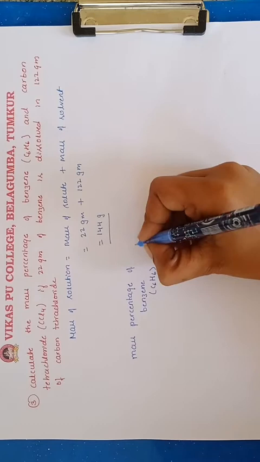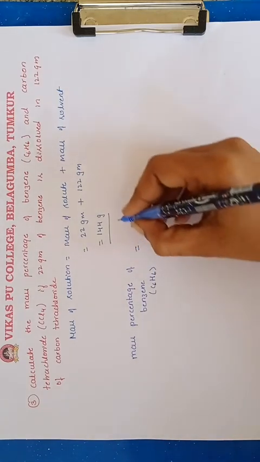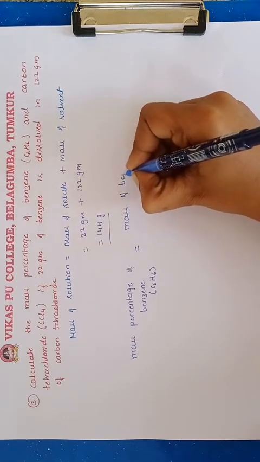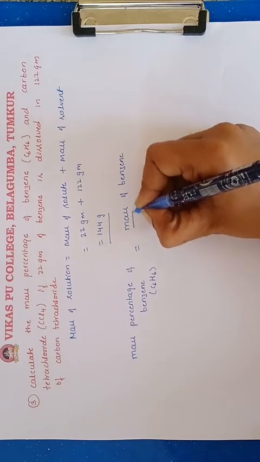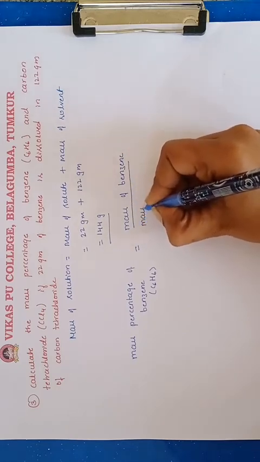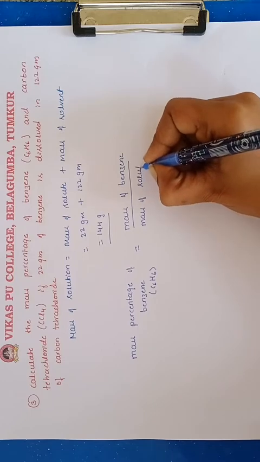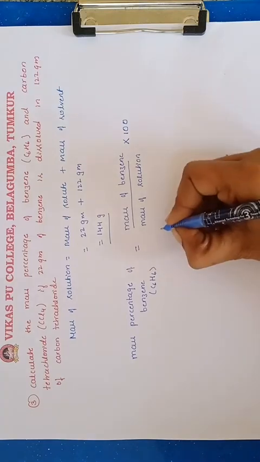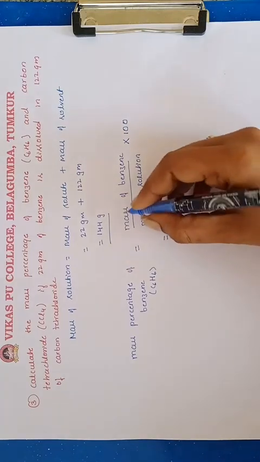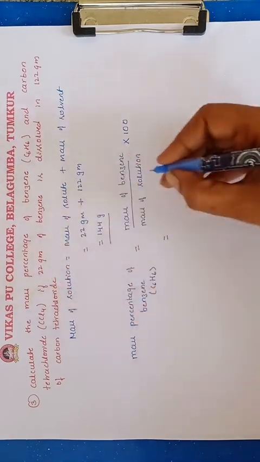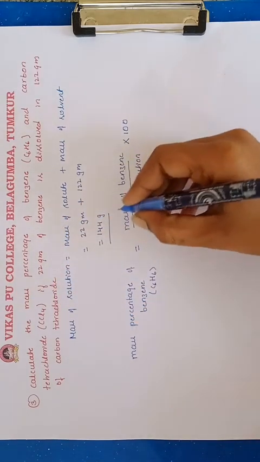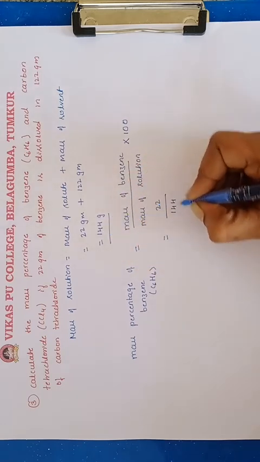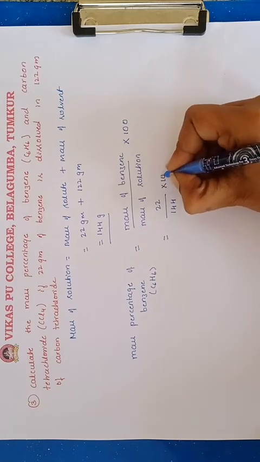The molecular formula for benzene is C6H6. Mass percentage of benzene is mass of benzene divided by mass of solution into 100. The mass of benzene is given as 22 gram, divided by the mass of solution we calculated, 144 gram, into 100.